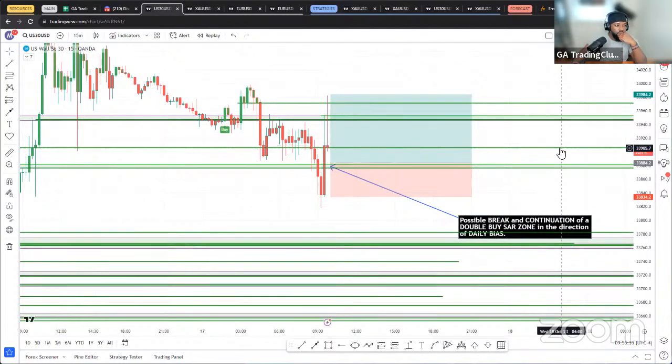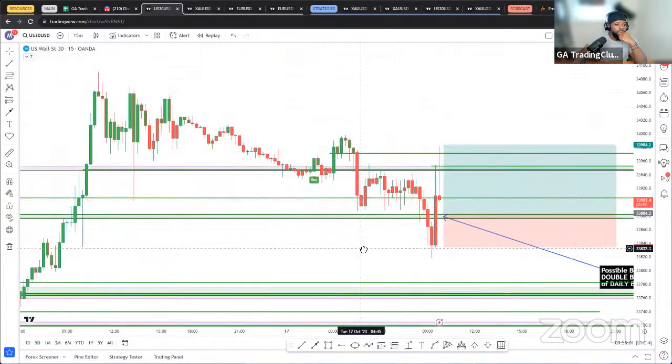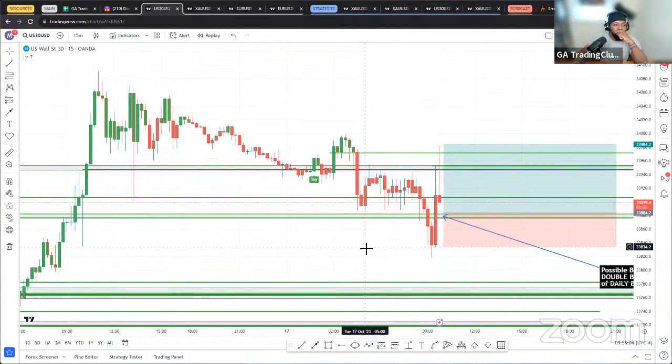So we'll see. Trying to think this through. So there's a downtrend.